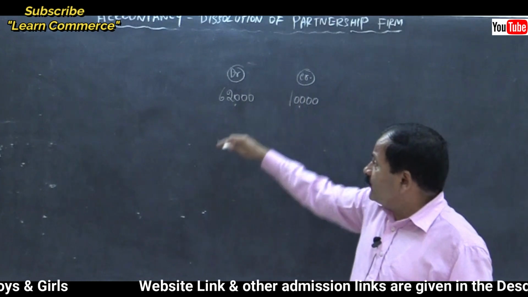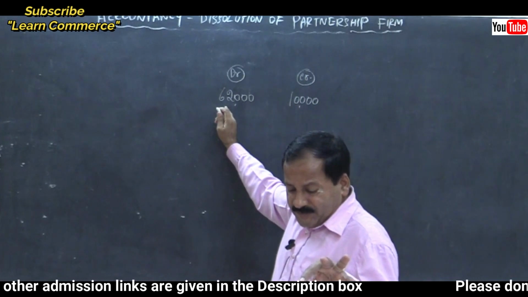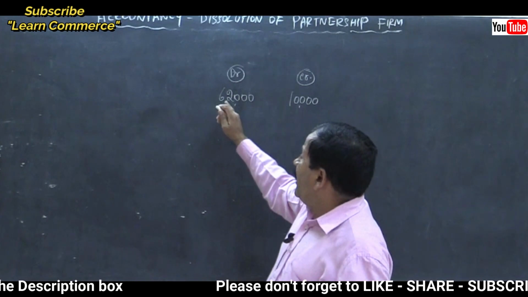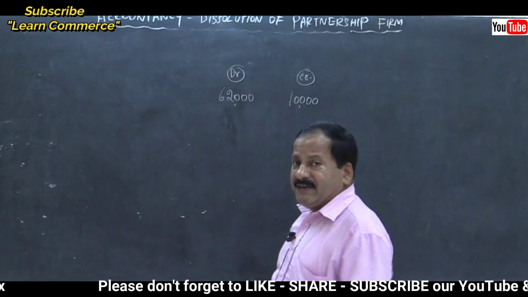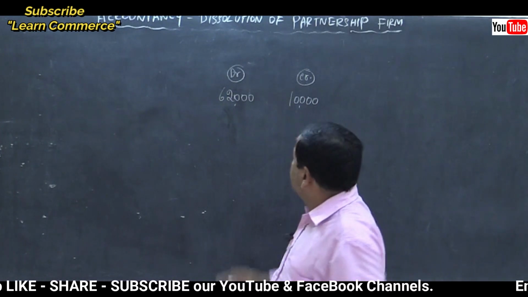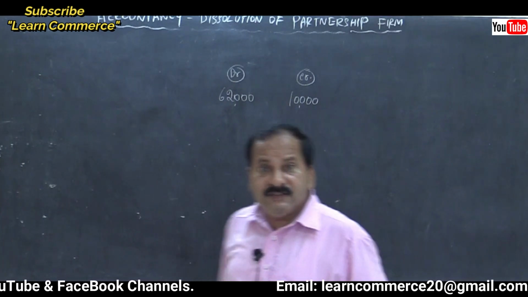They took the entire stock, no doubt. So out of the entire stock taken over, the total value of the stock was 75,000, isn't it? They have collected 62,000, recovered whatever was supposed to be received. Then 10,000 they paid to the firm. What about the remaining 3,000? Question may arise.